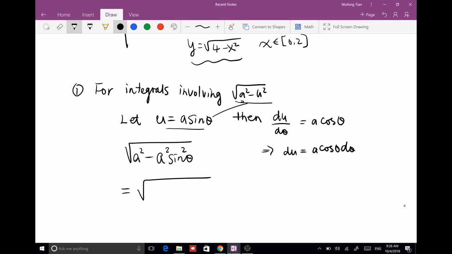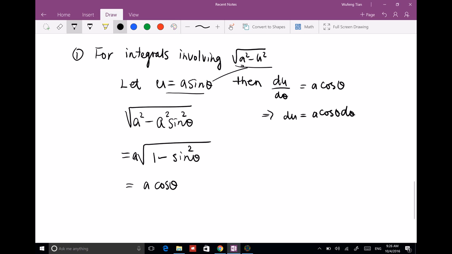Bella, could you please help me to simplify this part? Take out a. Very good. You have 1... oh, you did it quick. Your final answer is 1 minus sine theta squared, which gives a times cosine theta.